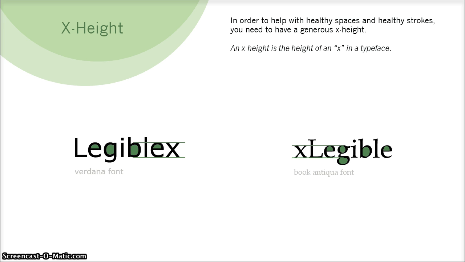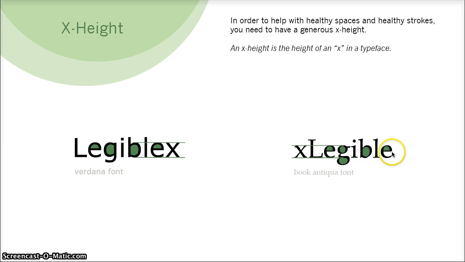Now, you can also look at the open counters of the letters, which are more open. You notice the Verdana font has more space, more openness than the Book Antiqua font.